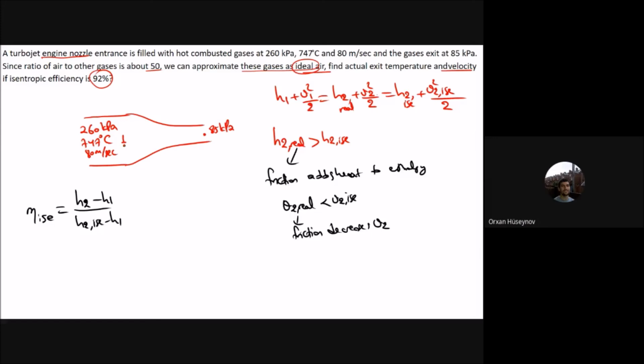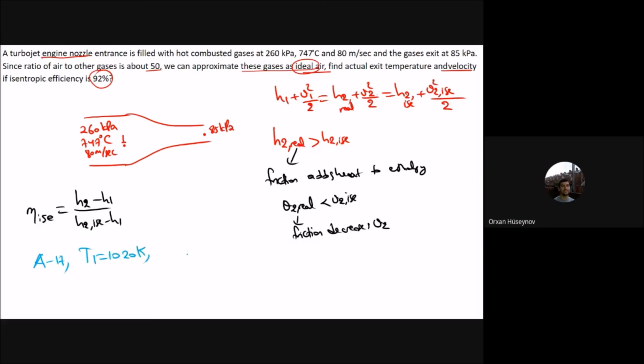And to find the properties at 1, we will use table A17. For state 1, you have the temperature at 1, which is 1010 Kelvin.